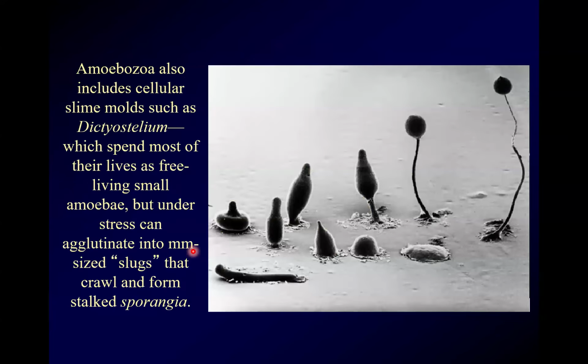They also include cellular slime molds. Dictyostelium is really cool because Dictyostelium spends most of its life as small free living amoebas, crawling around in damp leaf litter and damp soil and damp vegetation, feeding on bacteria and living its best amoeba life. But when Dictyostelium is stressed, they come together and aggregate into these millimeter sized stages called slugs.